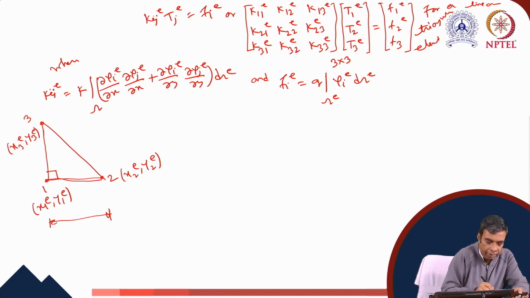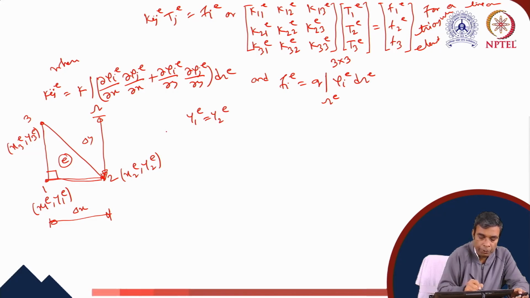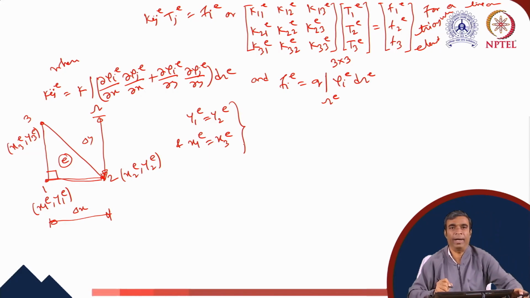The edges are of length delta x and the height is delta y. So this is the element E. Now here we can see that y1e equals y2e and x1e equals x3e. So we have considered a simplified case where some of the coordinates are identical.